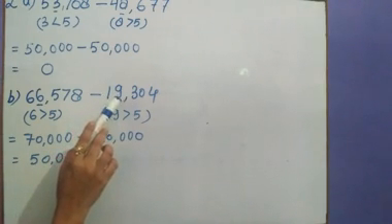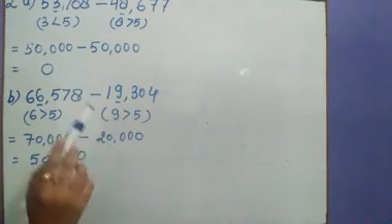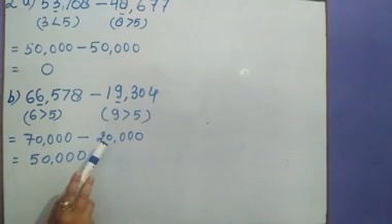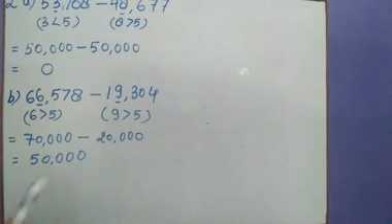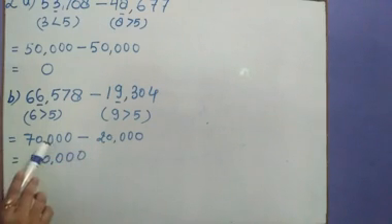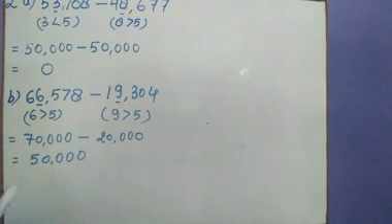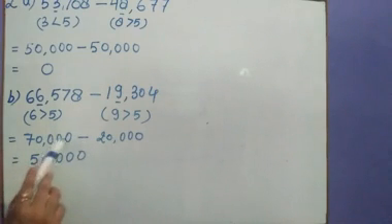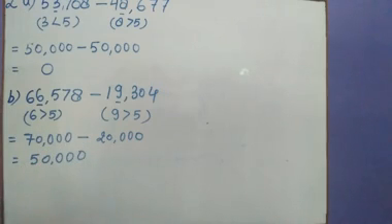So 19,304 will be rounded up to 20,000. 70,000 minus 20,000. After subtraction, we will get 50,000, and it is our answer.